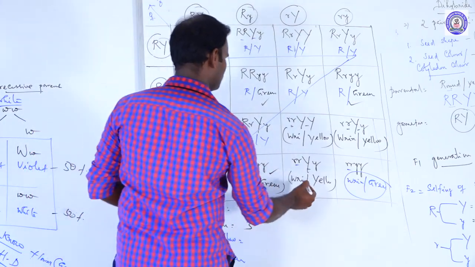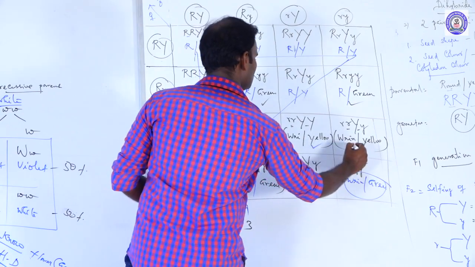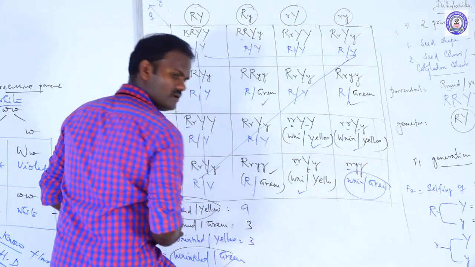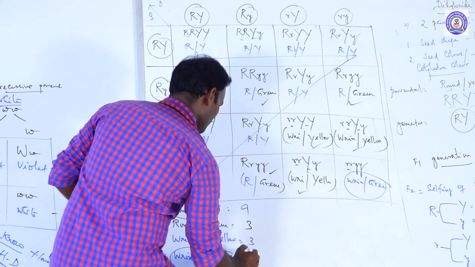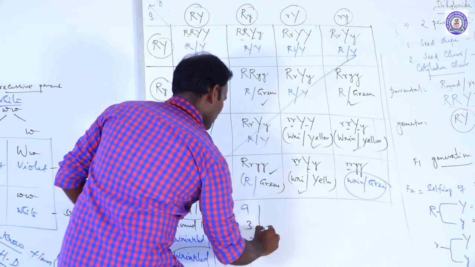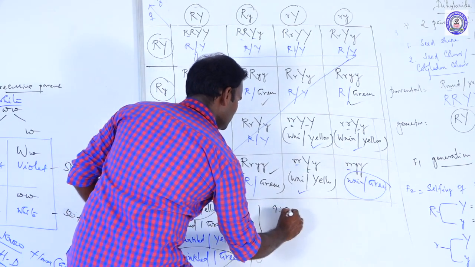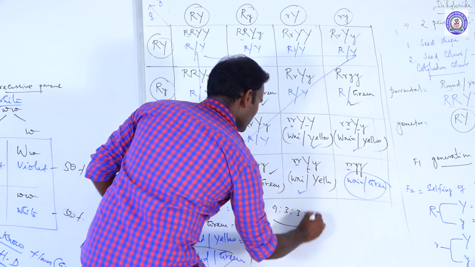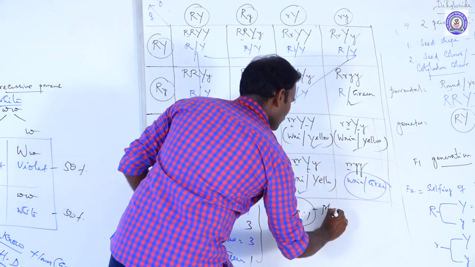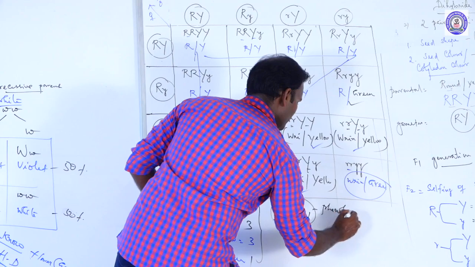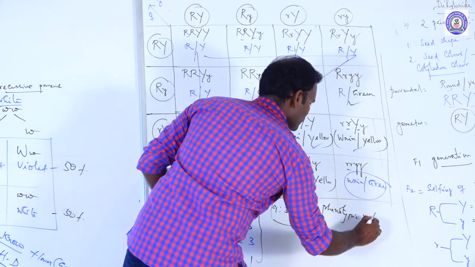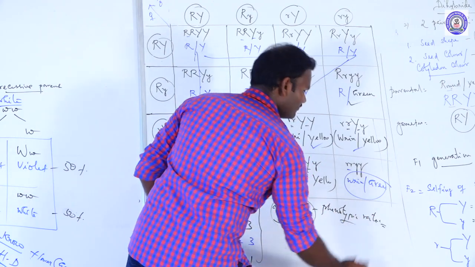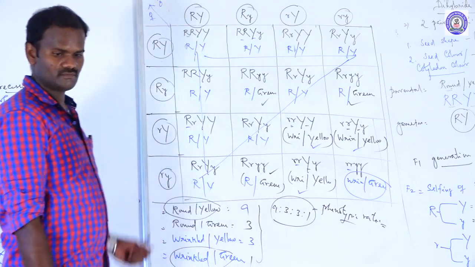Wrinkled yellow, 3. And only one recessive character, wrinkled green, only one. So what is the ratio? 9:3:3:1. This is the phenotypic ratio in the F2 generation.